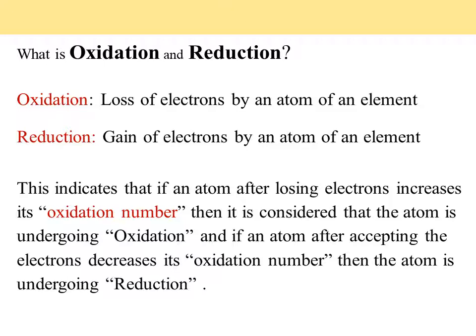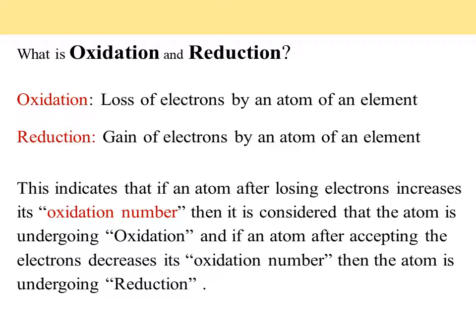What information are the above two definitions of oxidation and reduction giving? This indicates that if an atom after losing electrons increases its oxidation number, then the atom is undergoing oxidation. Just now I said carbon was losing electrons and hence it went under oxidation.